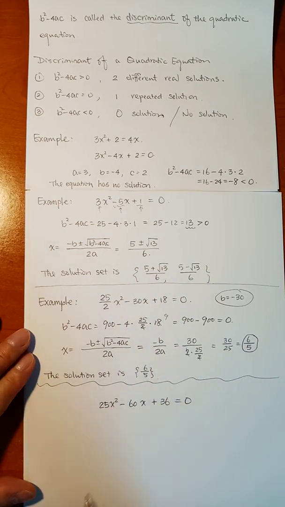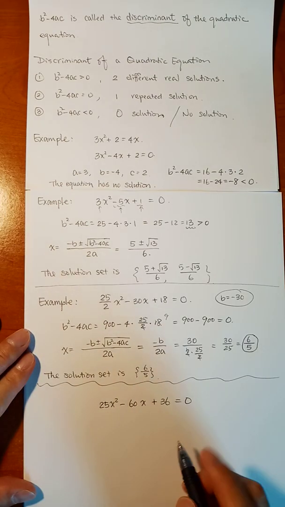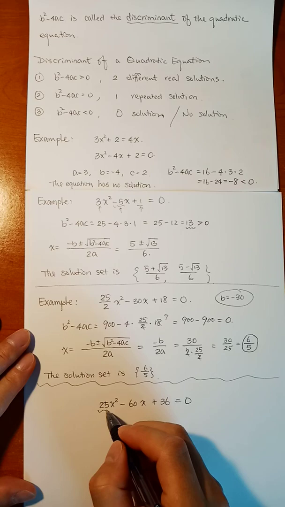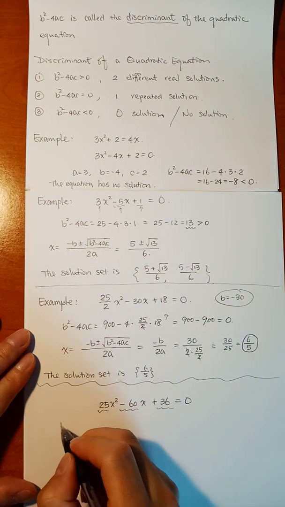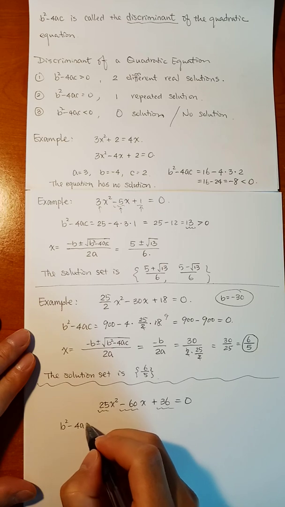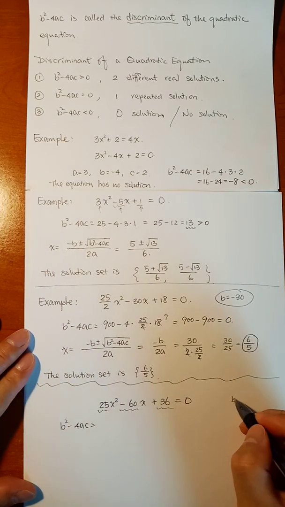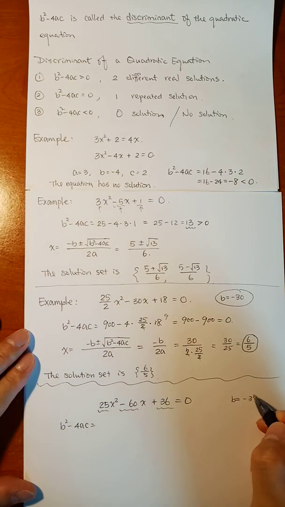And in this case, A, B, C are changed. Okay? So in this case, this is A, this is B, this is C. So you have B squared minus 4AC. B squared, this B is negative 60.